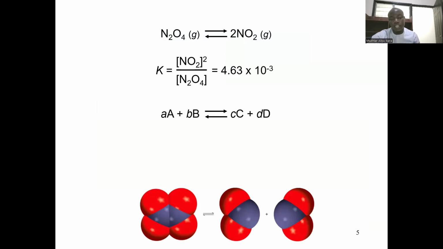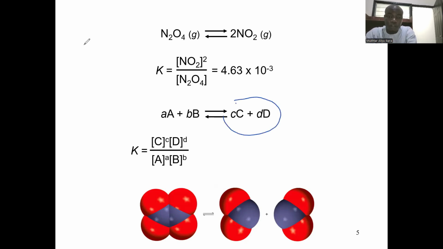Assuming now this is our reaction, where a molecules of A react with b molecules of B to produce c molecules of C plus d molecules of D. To express our equilibrium constant, we take the concentration of the product.